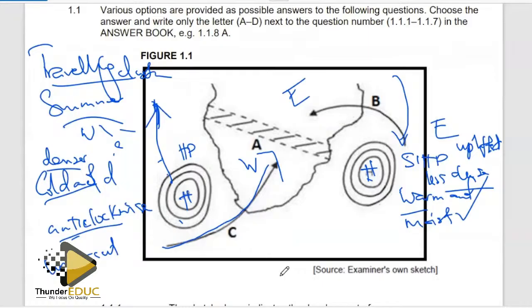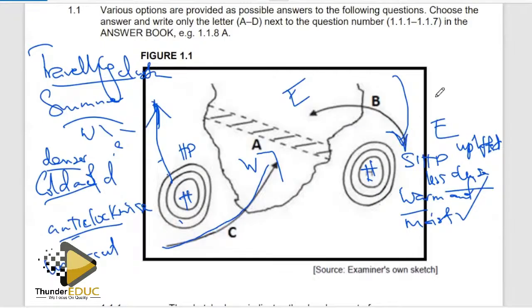So the water in the Atlantic Ocean is basically cold because it moves from the southern pole. From the polar region, it drifts northwards. And in the Indian Ocean, the water is drifting gradually from the equator, which is a warm region.